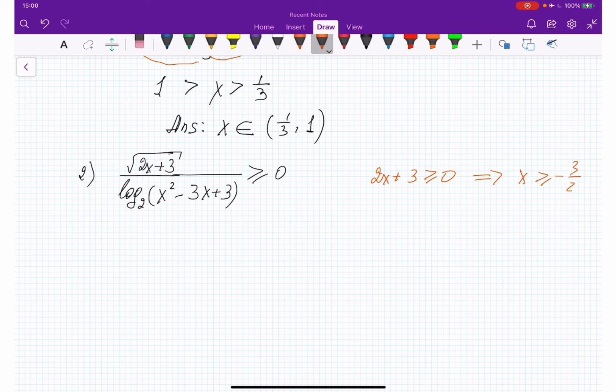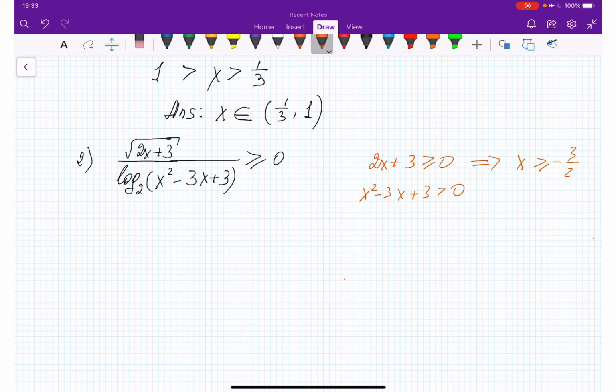Second, the number under the logarithm also has to be positive, which means x squared minus 3x plus 3 has to be positive. To solve this inequality, we need to figure out the discriminant. That is equal b squared minus 4ac. To remind you, when the discriminant is greater than 0, then as a solution we have two x's, x1 and x2.